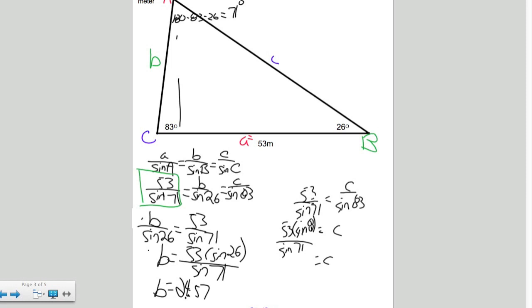So again, more calculator work: 53 times sine of 83 divided by sine of 71. And that gives us 55.64.